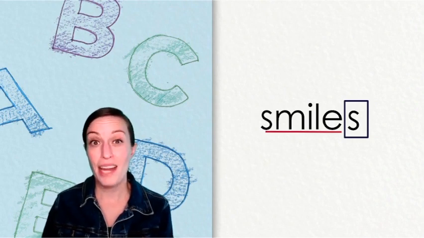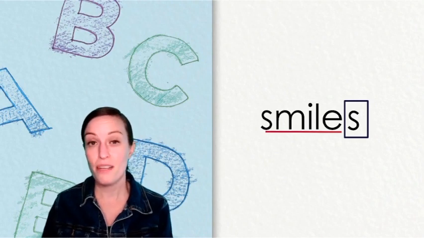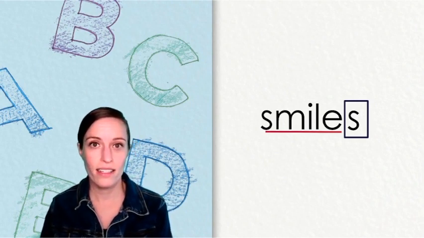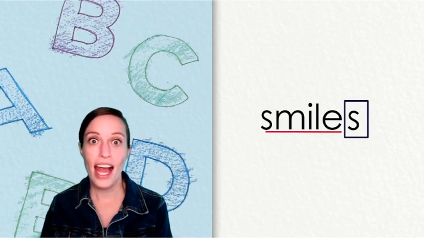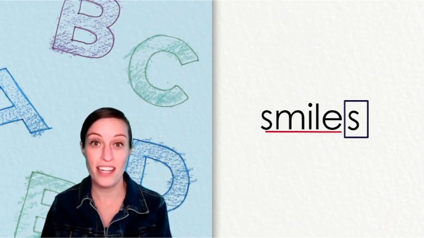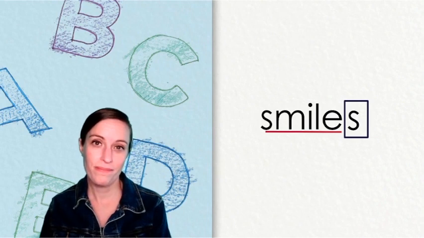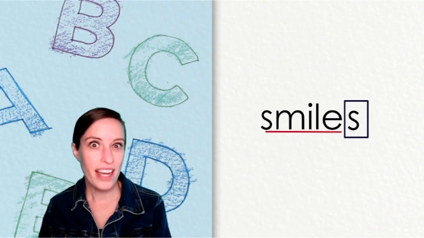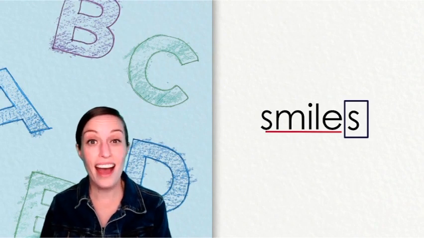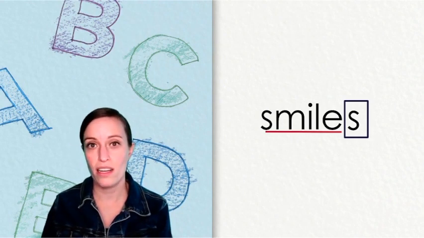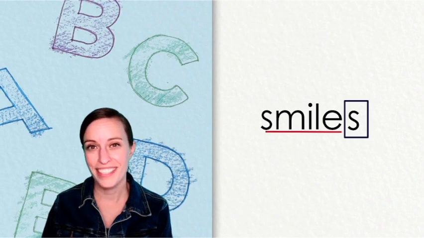Go ahead and put an S at the end of your word smile to make it say smiles. Then add a box around your suffix S so it matches mine. Finally, go ahead and underline the base word, smile.